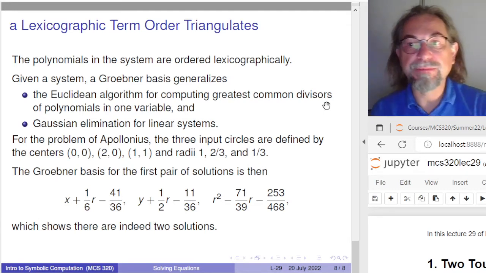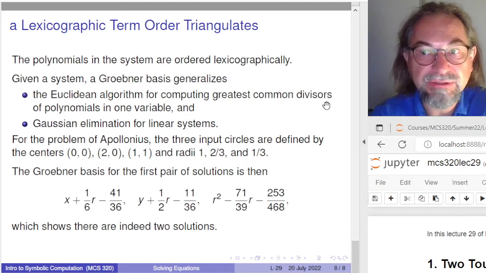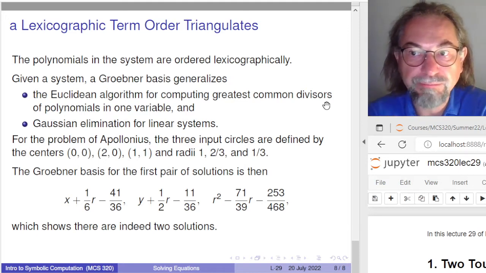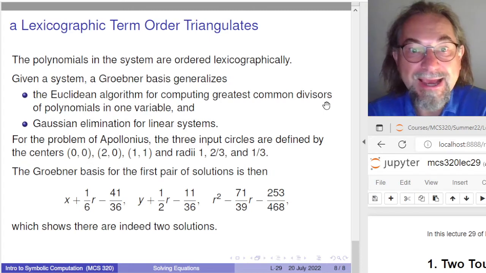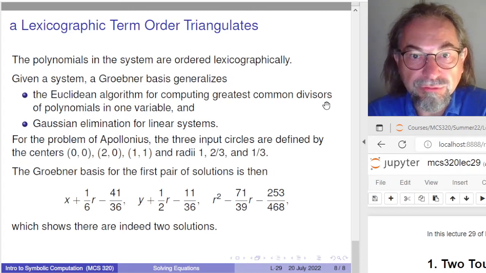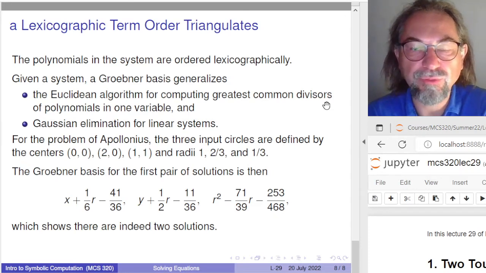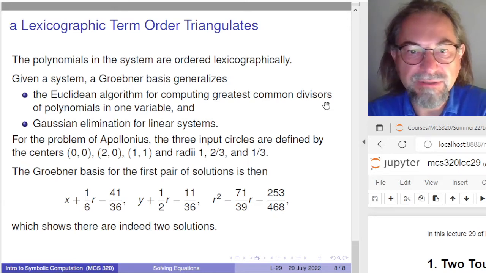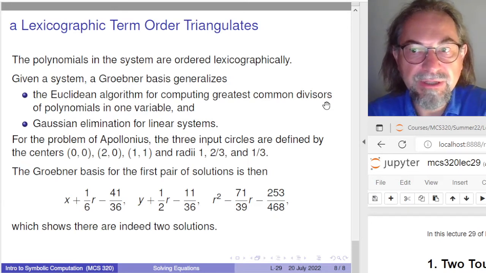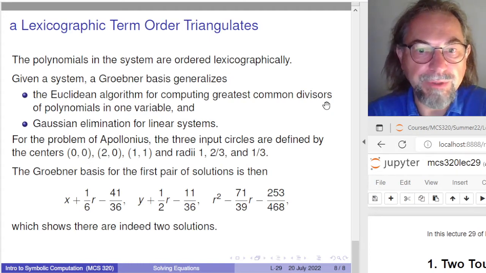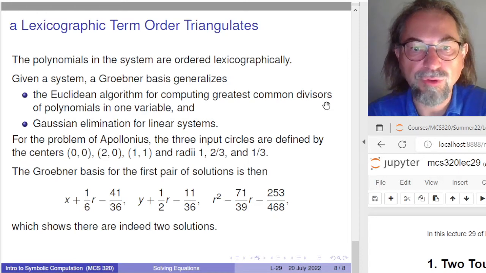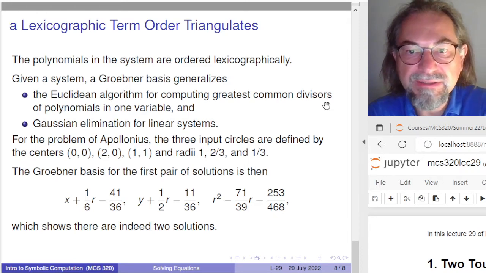So a Gröbner basis generalizes the greatest common divisor when one looks at polynomials in one variable, and it also generalizes the row reduction to bring a linear system into triangular form. So for the two red touching circles, that there are two solutions can be seen from the Gröbner basis. So if one sets up a lexicographical Gröbner basis, then this is the result.